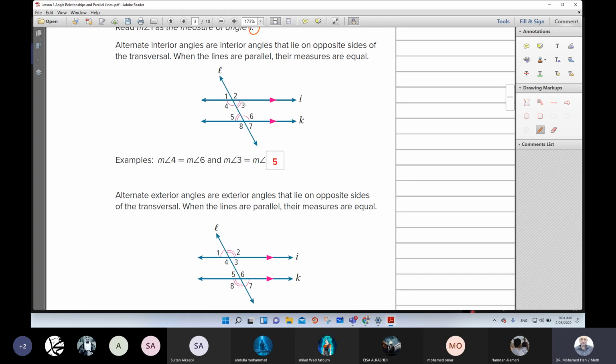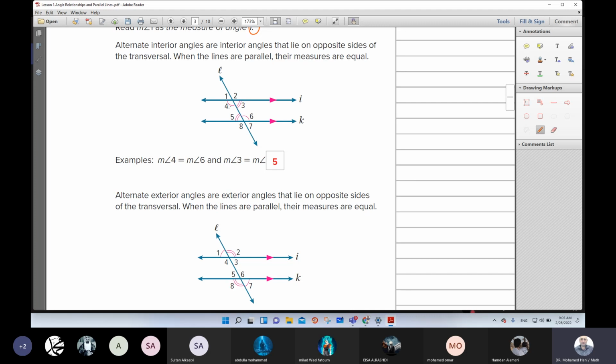As you see, we have 3 and 6 and 5 and 4. The 4 angles here are interior angles. What is the type of 3 and 5? And what is the type of 4 and 6? The name of 3 and 5 and 4 and 6 is alternate interior angles.